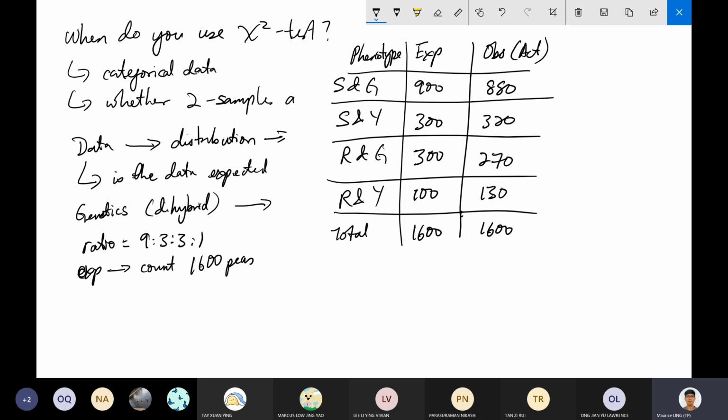What I'm asking you is this question. Do the results from your experiment support the expected Mendelian ratios?